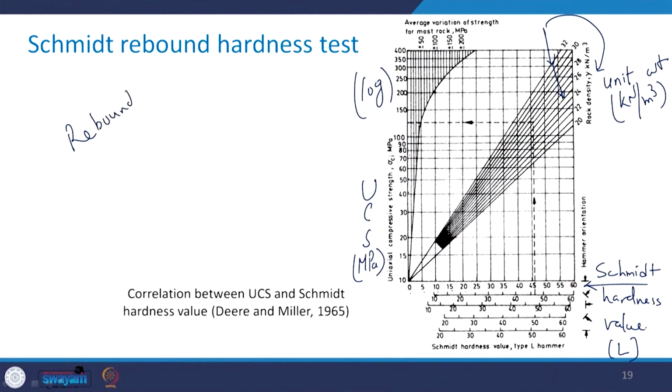For example, say the rebound value comes out to be 50 and the unit weight of the rock is say 27 kilonewton per meter cube. Read 50 on this scale. You follow the pen. See here, I will take it to this. Now, this is 26 and this is 28 kilonewton per meter cube, and in between this line is for 27.